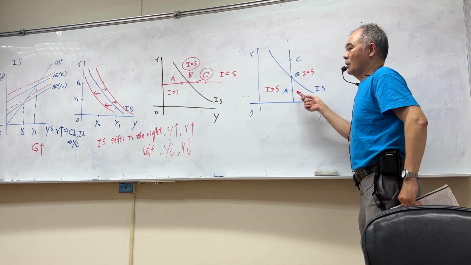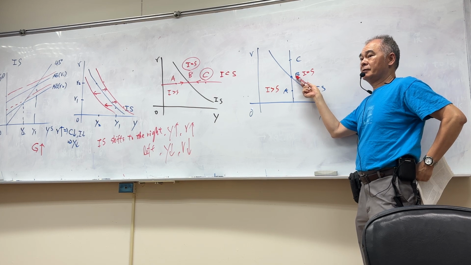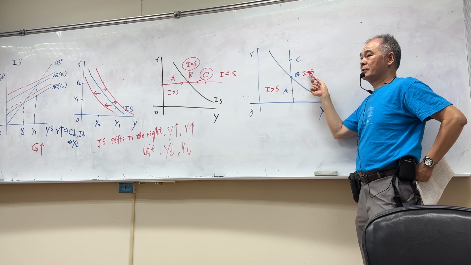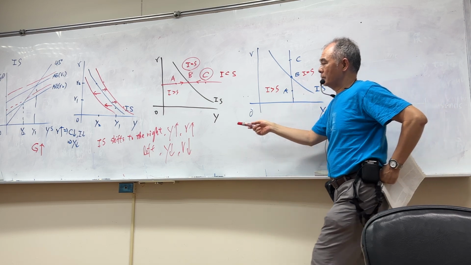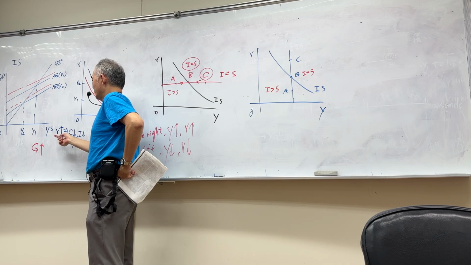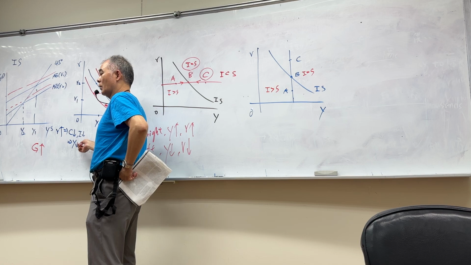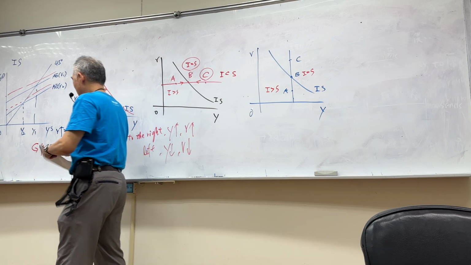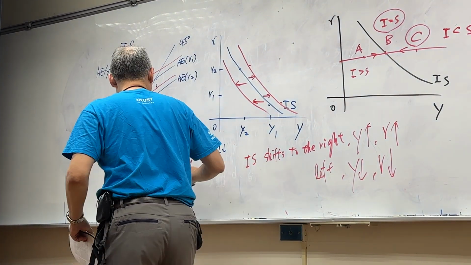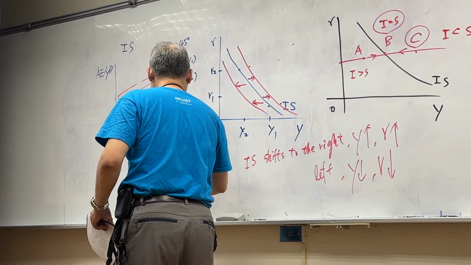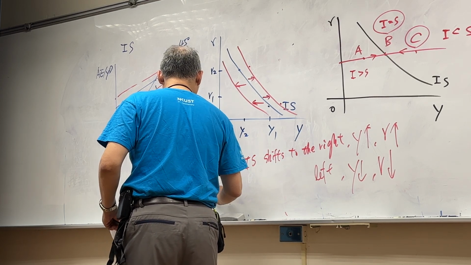Why? Because at this point the interest rate is higher and I is equal to S, and now it is lower. As we just said, if interest rate goes up, consumption goes down, I goes down, and Y goes down. If interest rate goes down, then C goes up, I goes up, and Y goes up.